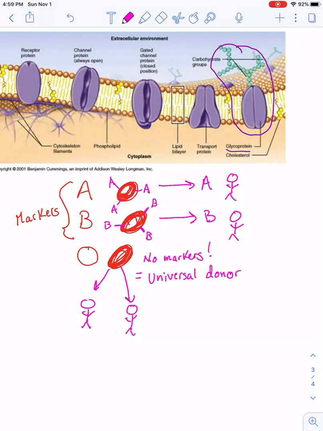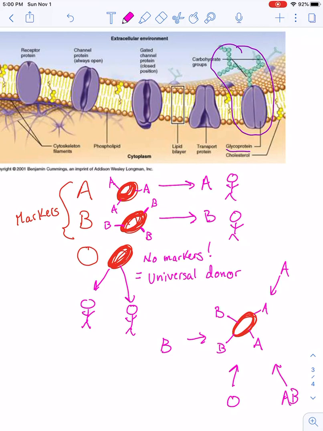They cannot receive, or they can receive, sorry, let me draw that out. AB people can receive A blood, they can receive B blood, they can receive O blood, and they can receive AB blood.